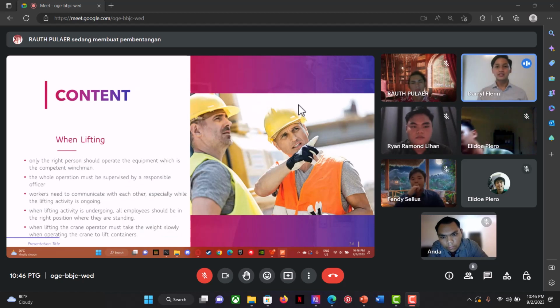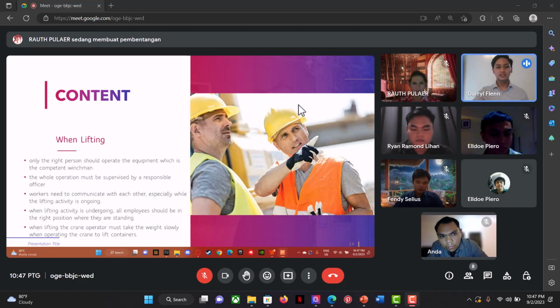So next is the whole operation shall be supervised by a responsible officer to maintain workers' duties when lifting operation is being done. So this means the person in charge that supervises the whole operation is responsible to make sure every worker runs their duties according to what they have been asked to do.